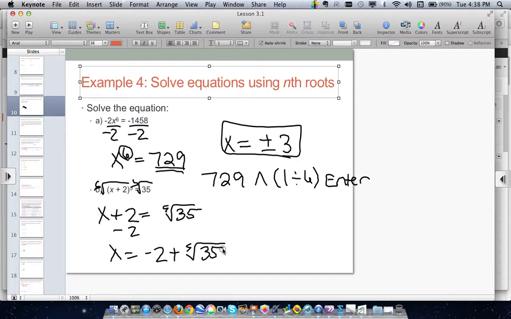So, in our calculators, negative 2 plus 35 raised to the 1/5 power, so in parentheses, 1 divided by 5, close parentheses, and we get approximately 0.036, so that rounds to 0.04.